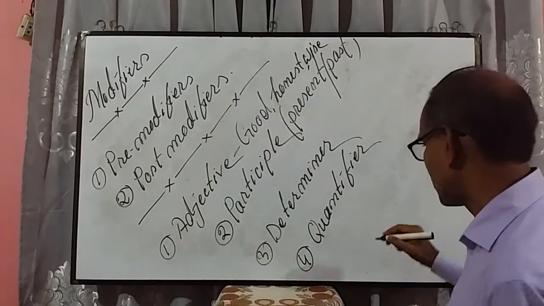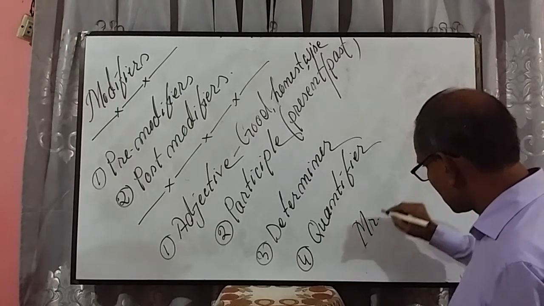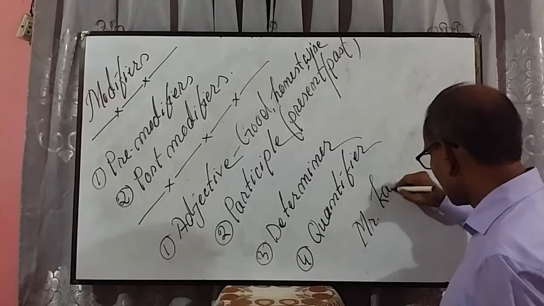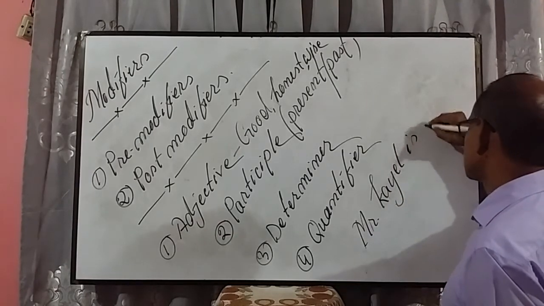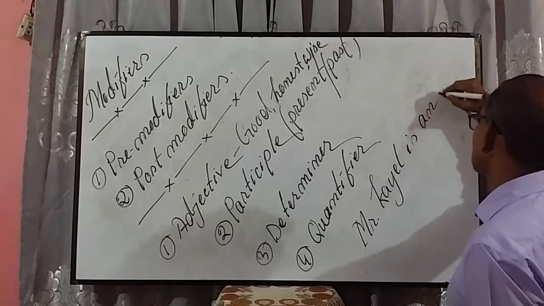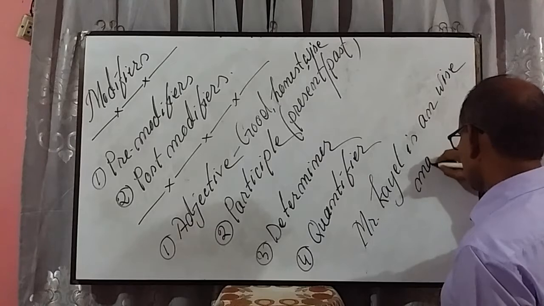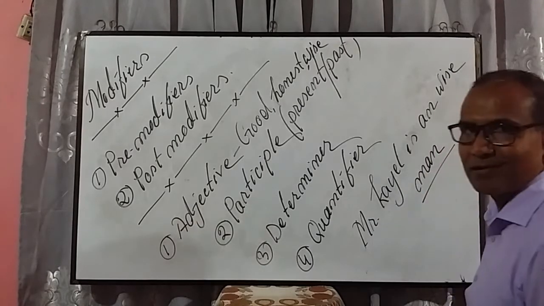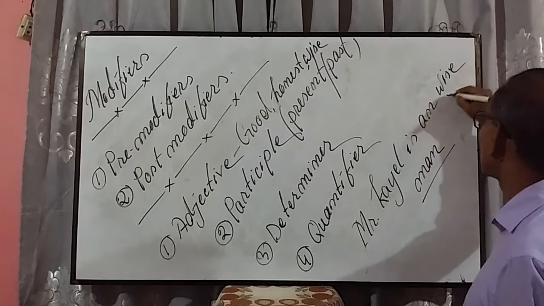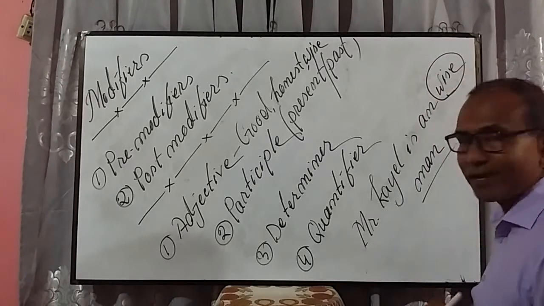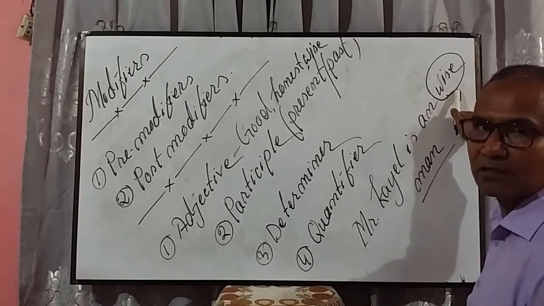Let me give you an example. Mr. Kyle is a wise man. Man is modified by the word wise. What kind of man is Kyle? Kyle is a wise man.